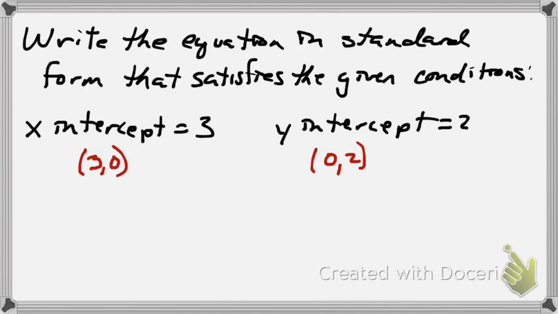So right there we have 2 points, and we can do the problem just like we've done the other ones that we did yesterday where I gave you 2 points.